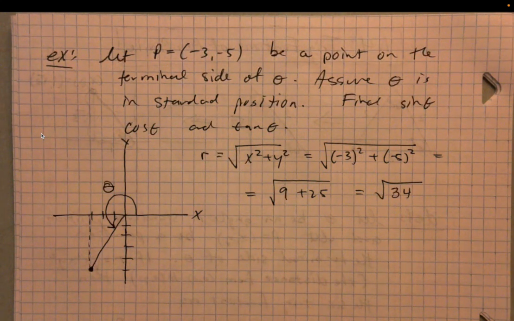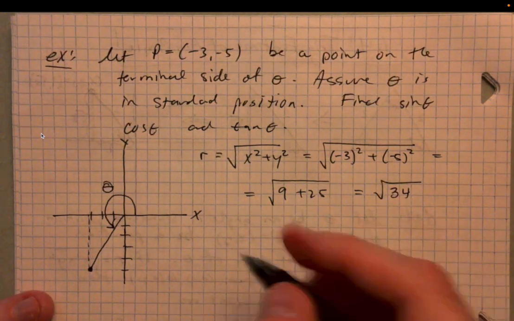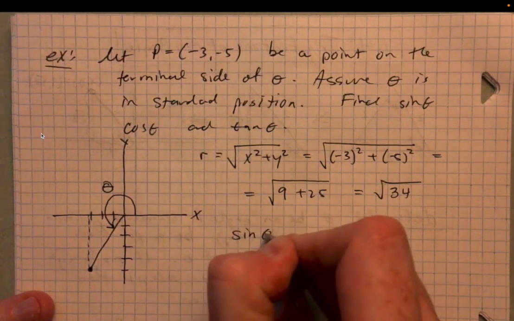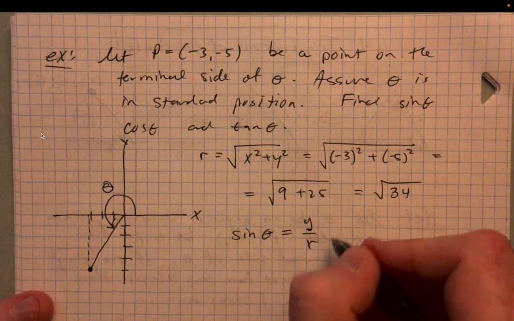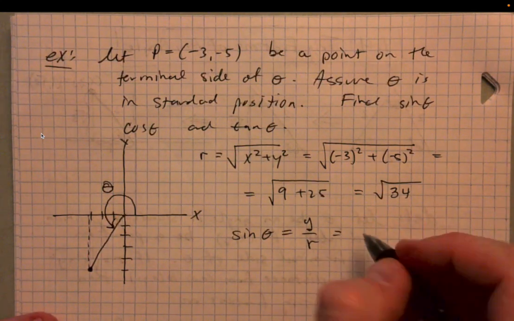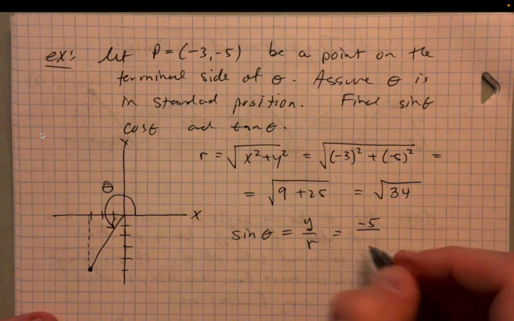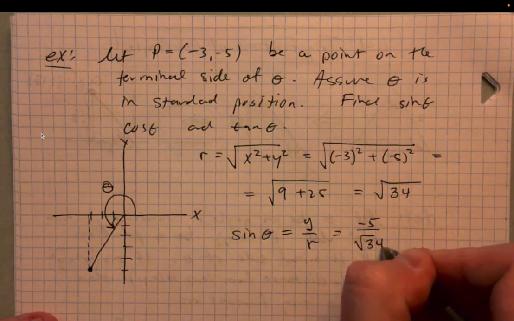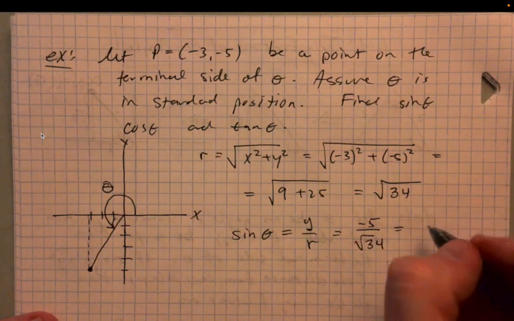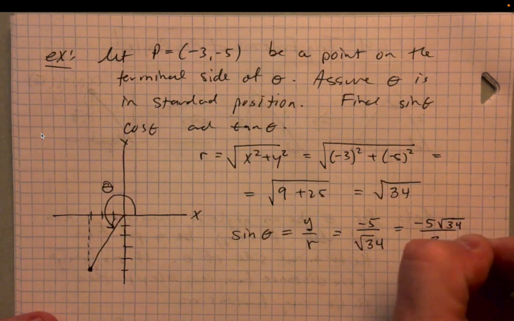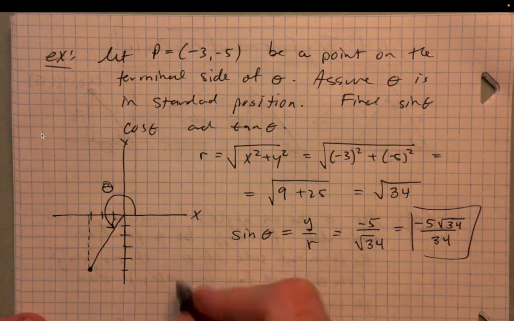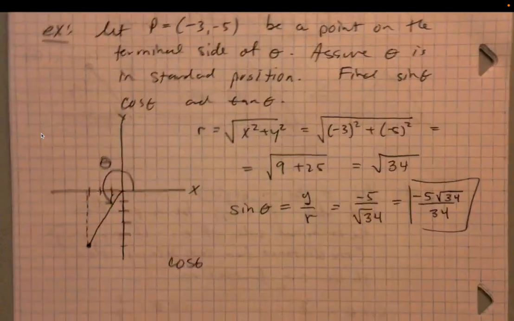Not quite 6. And so, easily, we can see that the sine of theta is defined as y over r. And so y over r is -5 over the square root of 34. We can rationalize that: -5 times the square root of 34 over 34. What's the cosine of theta?